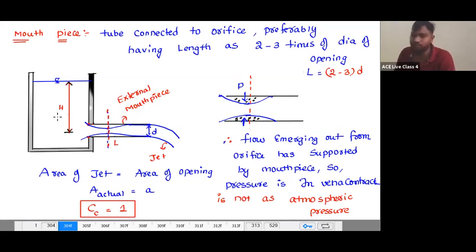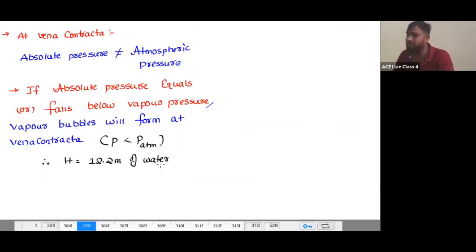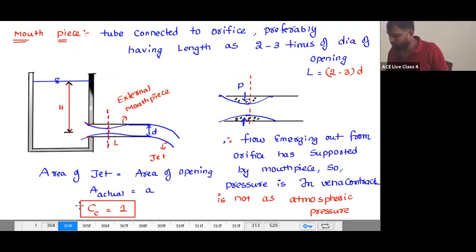When the head of water falls to 12.2 meters, the absolute pressure falls below the vapor pressure, and vapor bubbles form at the vena contracta, where H is the head of the water above the center line. So these are nothing but absolute pressures. Understood? Now, let's see about here once again.